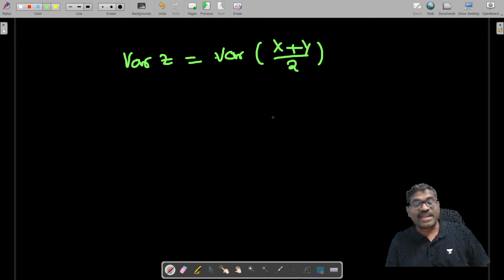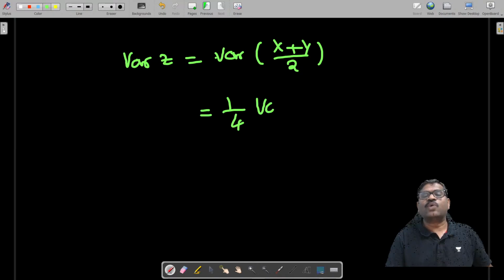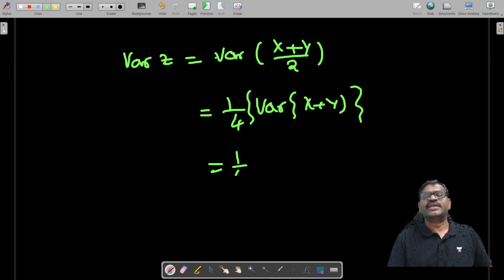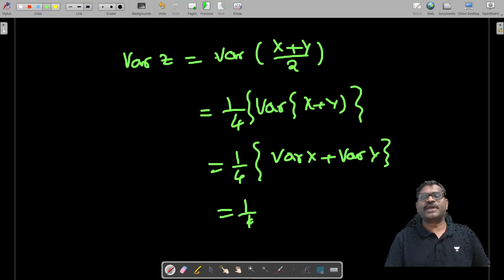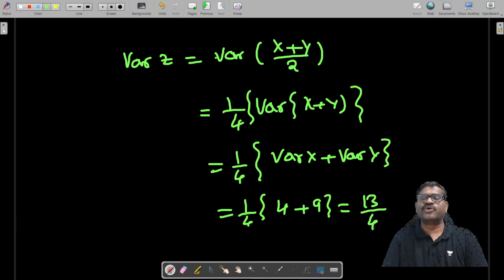Variance of a constant times X is constant square into variance of X. So 1 by 4 into variance of X plus Y. When X and Y are independent, variance of X plus Y is variance of X plus variance of Y. Variance of X is 4, variance of Y is 9, that is given in the data. Therefore 13 by 4, which is 3.25.